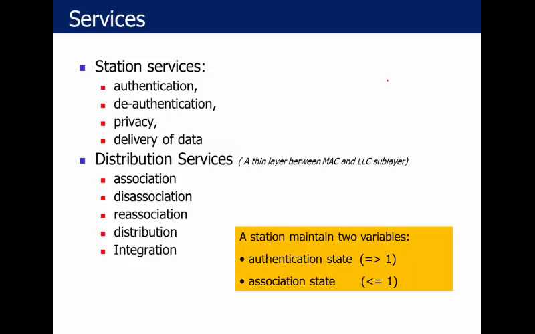Services that we can think of: we have station and distribution services, which you can simply say are the AP, access points, services from the AP and services from your laptop.